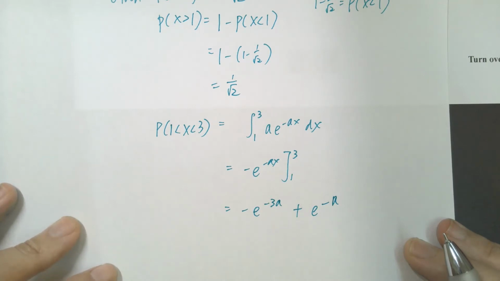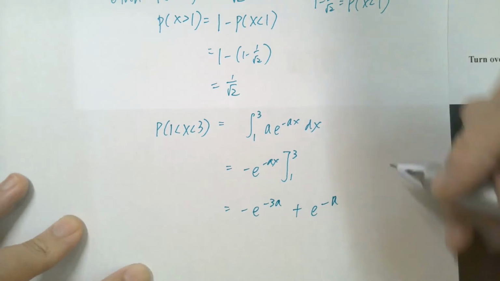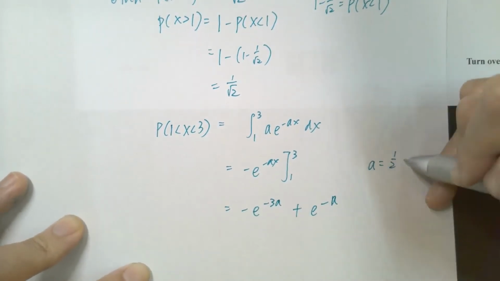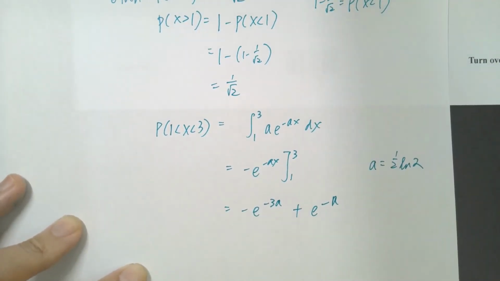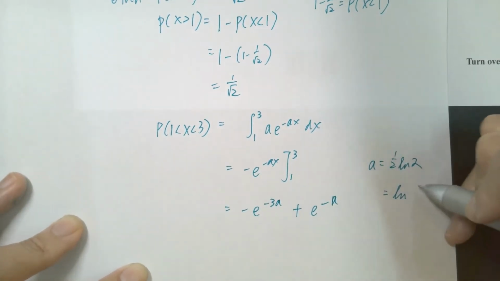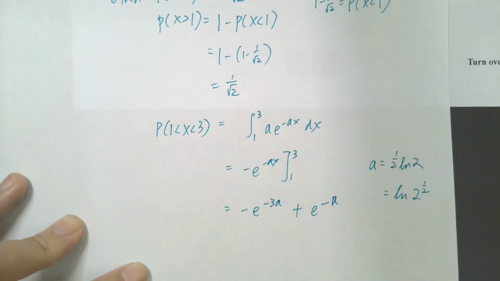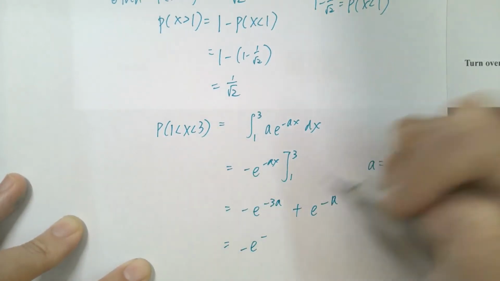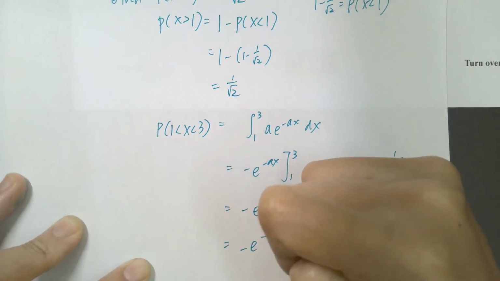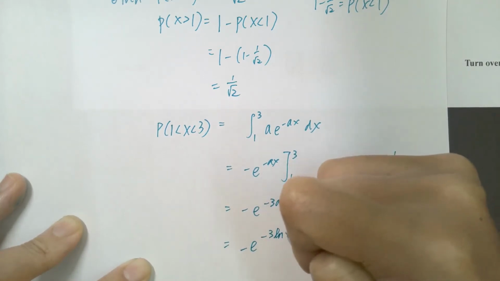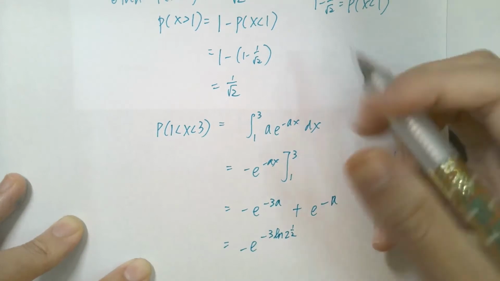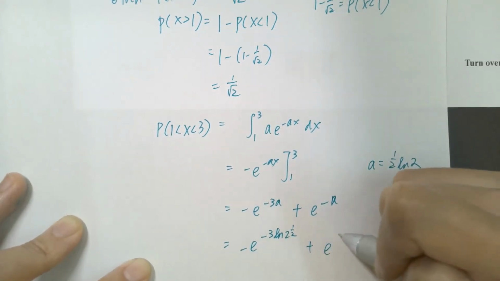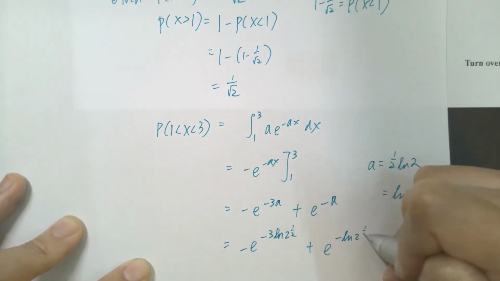Should we just plug in our a, maybe? So remember, our a is 1/2 ln 2, if I remember correctly, which is really ln of 2 to the power of 1/2, the square root of 2, right? So it's really negative e^(-3a), so negative e to the power of negative 3 ln square root of 2, plus e to the negative ln square root of 2.